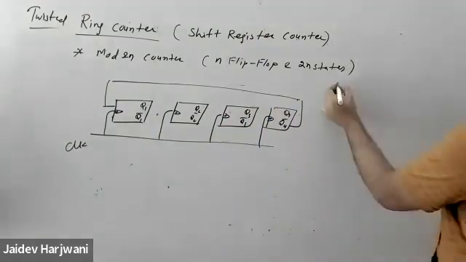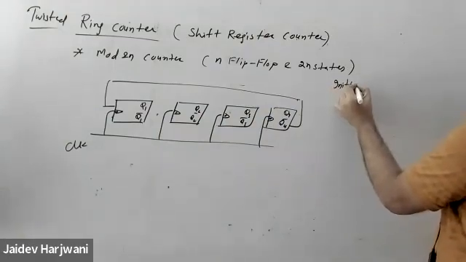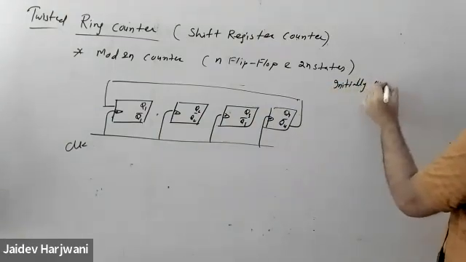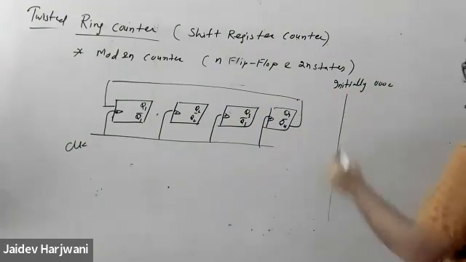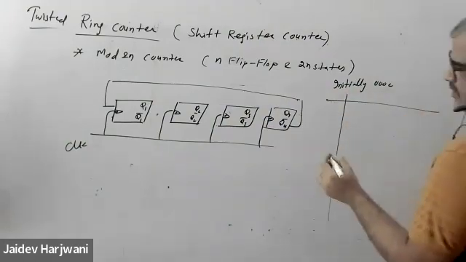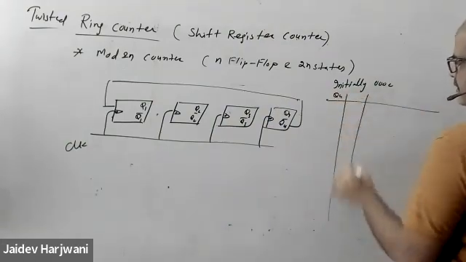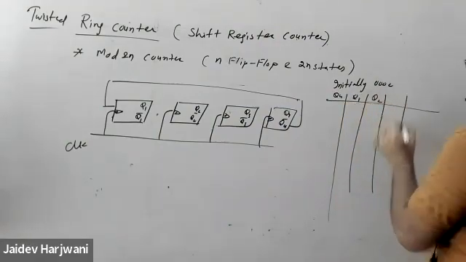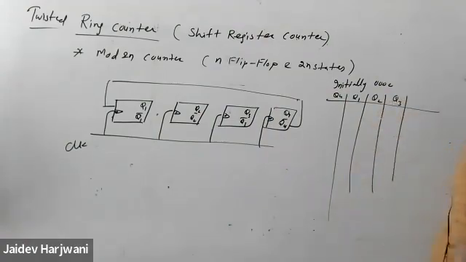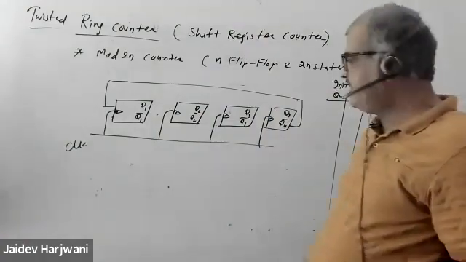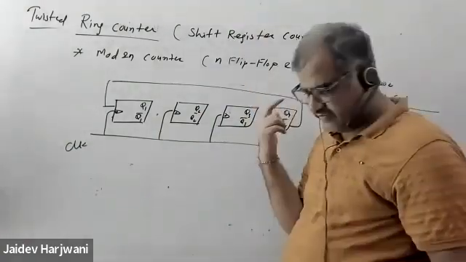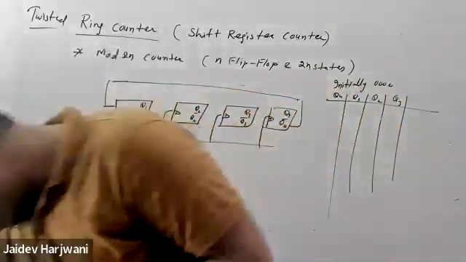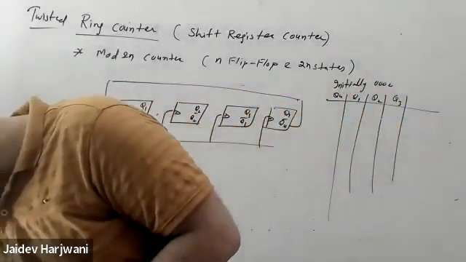Now suppose I'm giving the states to this counter. The initial condition is 0 0 0 0. Now I have Q4, Q1, Q2, Q3. Not necessarily which is MSB and which is LSB; that depends on what we're trying to do.